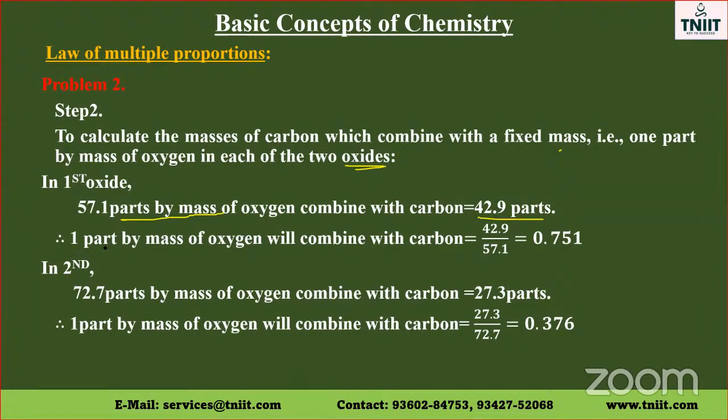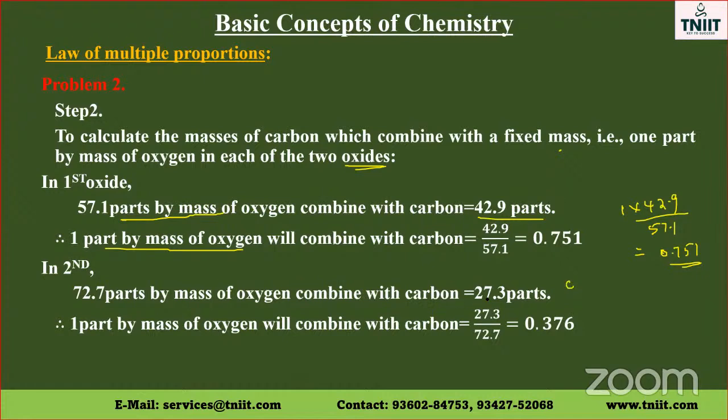Therefore, if one part of oxygen has to combine, it is cross multiplication: 1 into 42.9 divided by 57.1, which is equal to 0.751. In the second case, 72.7 parts by mass of oxygen combine with 27.3 parts of carbon.